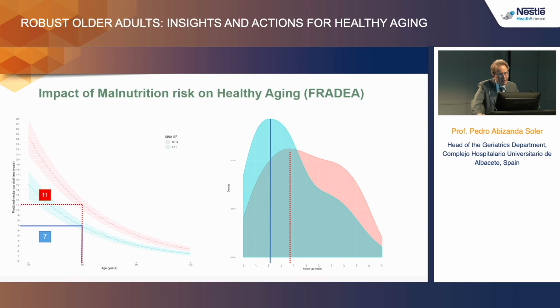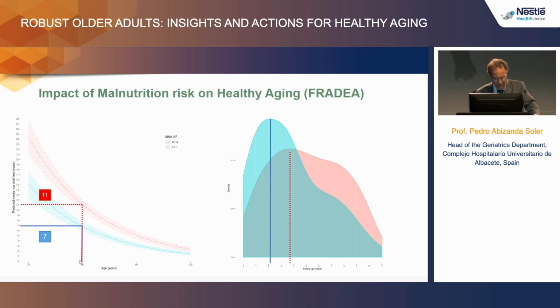In the left panel, you can see predicted median survival time for our older adults, 12 years of follow-up. And you can see how the pink lines are those with a MNA 12-14, so they are not malnourished, and the green line are those with MNAs between 0 and 11, so at risk of malnutrition.